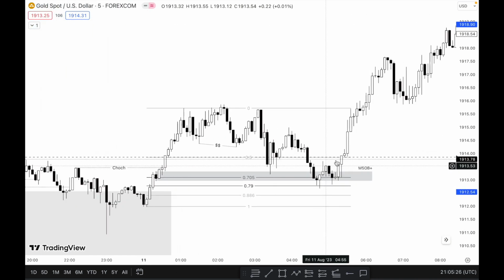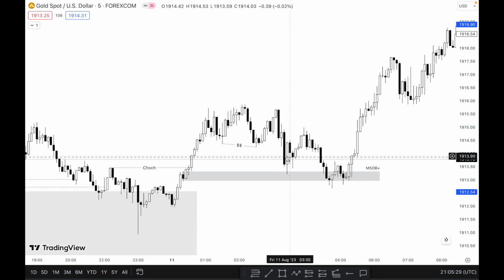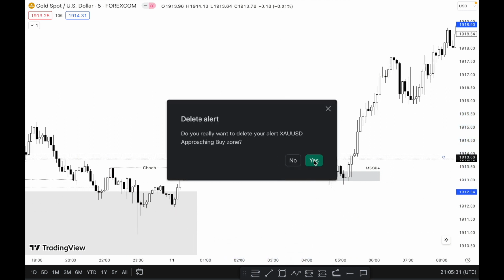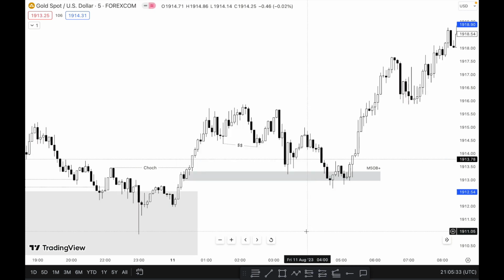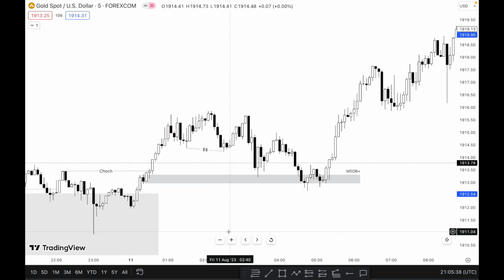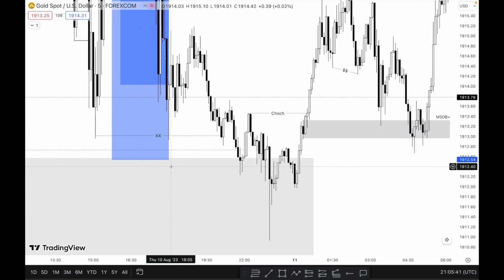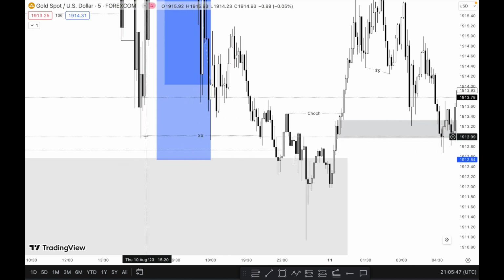So now here is another trade that I had set up. Today's Friday, so this was Thursday night after price sold off. Came into my zone. Now, as you can see, we came into my zone, swept this liquidity right here.